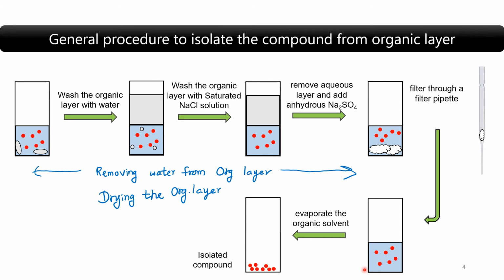That means if there's any water mixed in, we are going to need to heat it to a much higher temperature in order to evaporate the organic solvent, and that higher temperature might affect the state of our compounds, which is why we do some of these drying steps to get rid of water in the organic solvent.